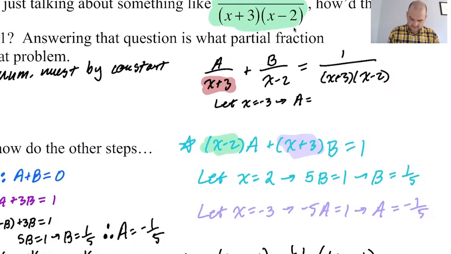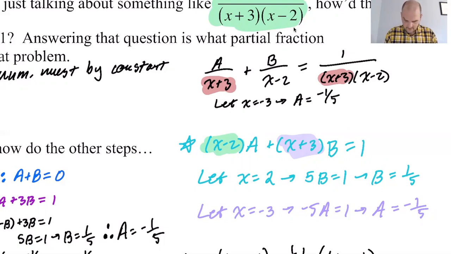I cover up the x plus 3, substitute in negative 3, and I get a is negative 1/5. That's the cover-up method. You literally put your finger on it. You look at a over x plus 3, ask what makes that 0, x equals negative 3, go to the other side, cover that factor up, and substitute in what made that factor 0.